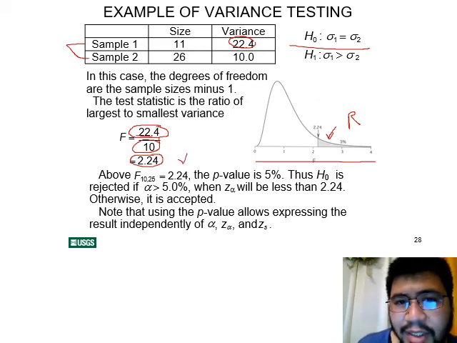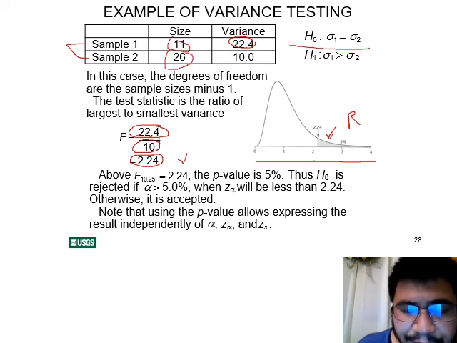And then we construct an F distribution curve based on the degrees of freedom, which is basically just the sample sizes of the two groups minus 1. You can see here that the sample size of group 1 is 11 and group 2 is 26. To get the degrees of freedom, we just subtract 1 from them. So the degrees of freedom of sample 1 is just 10.